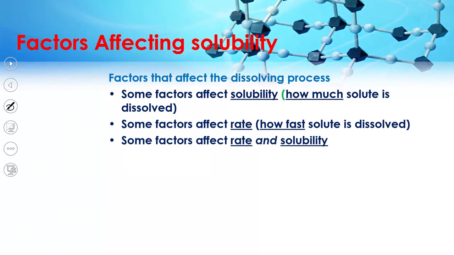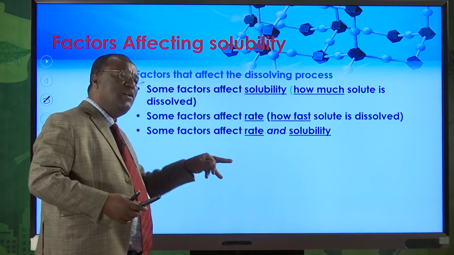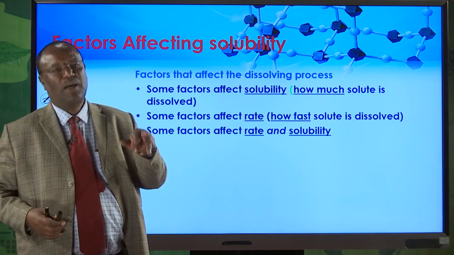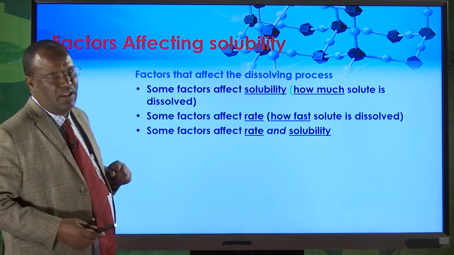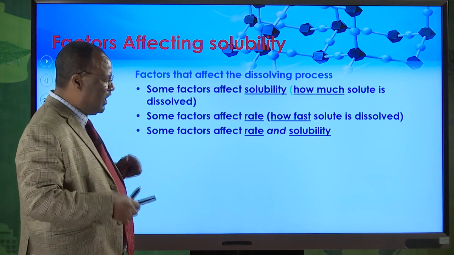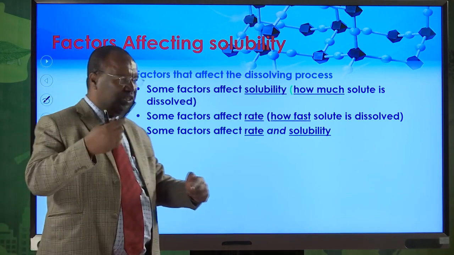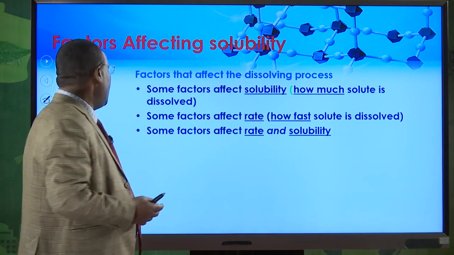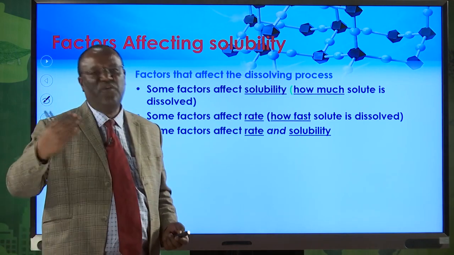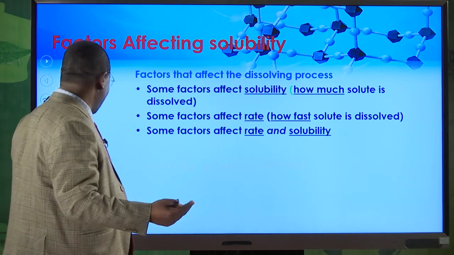What is solubility? Solubility is the amount of solid that can be dissolved in the given solvent. What about the rate? The rate at which solute is dissolved in the given solvent, how fast solute is dissolved in the solvent, is what you call the rate.